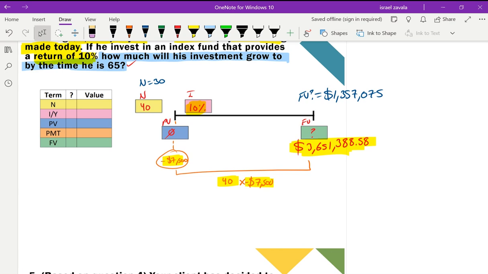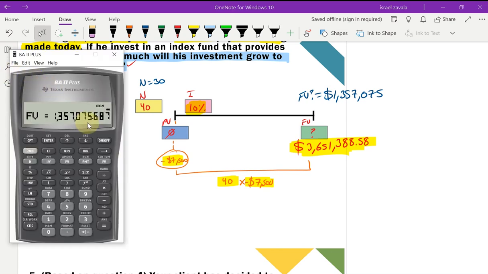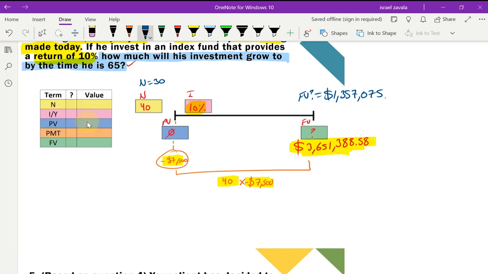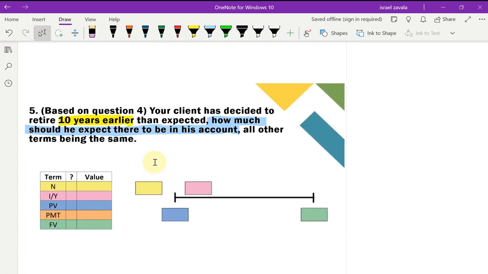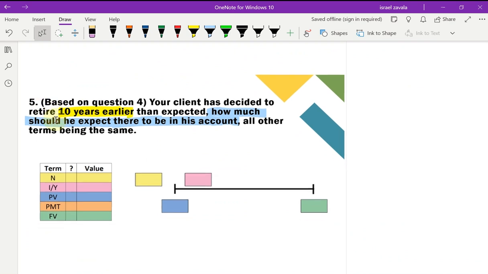How many cents are we talking about here? And 69 cents. Okay. So that is a huge difference. Look at this. Cutting off those last 10 years of compounding and investing has a huge impact on the final value, or the future value. Okay, so that's the answer to number 5.